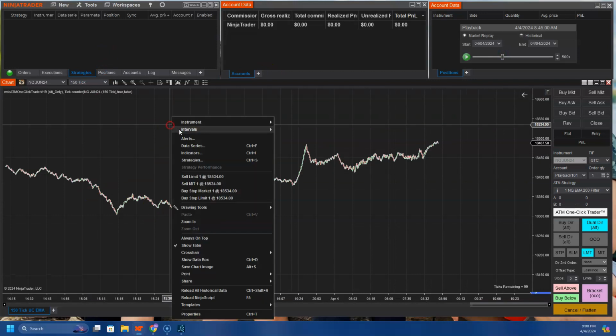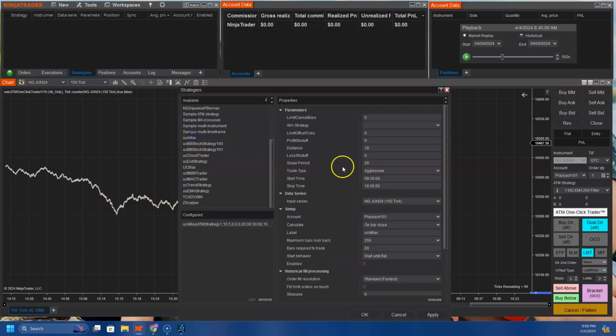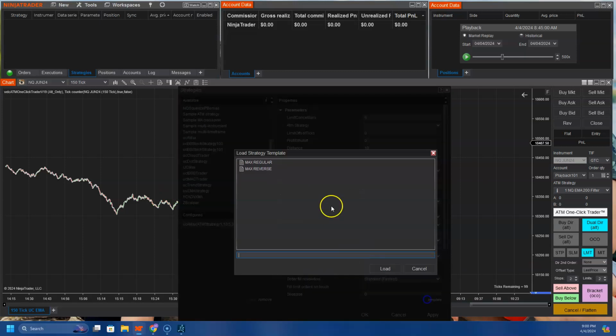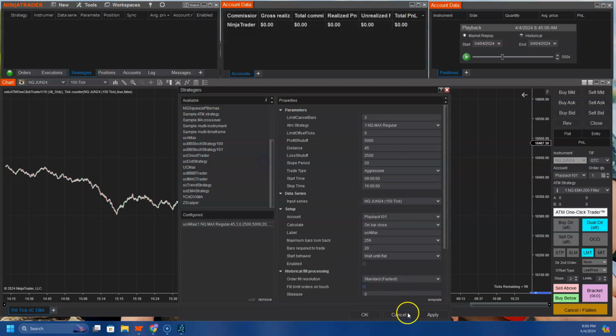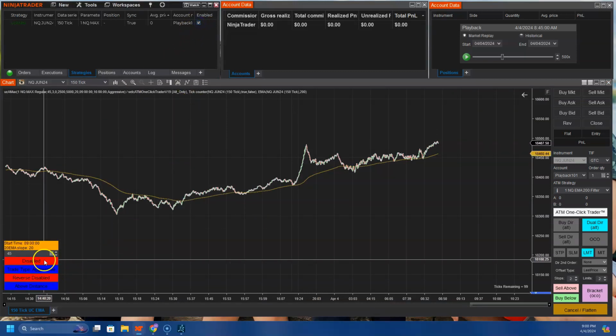And let's put the UC Max. Where's that? There you go. Okay, and for this one, we'll also use the regular one. Okay, everything looks good. Okay, start time. So this one again, if you have the license, you will see that this looks a little different.